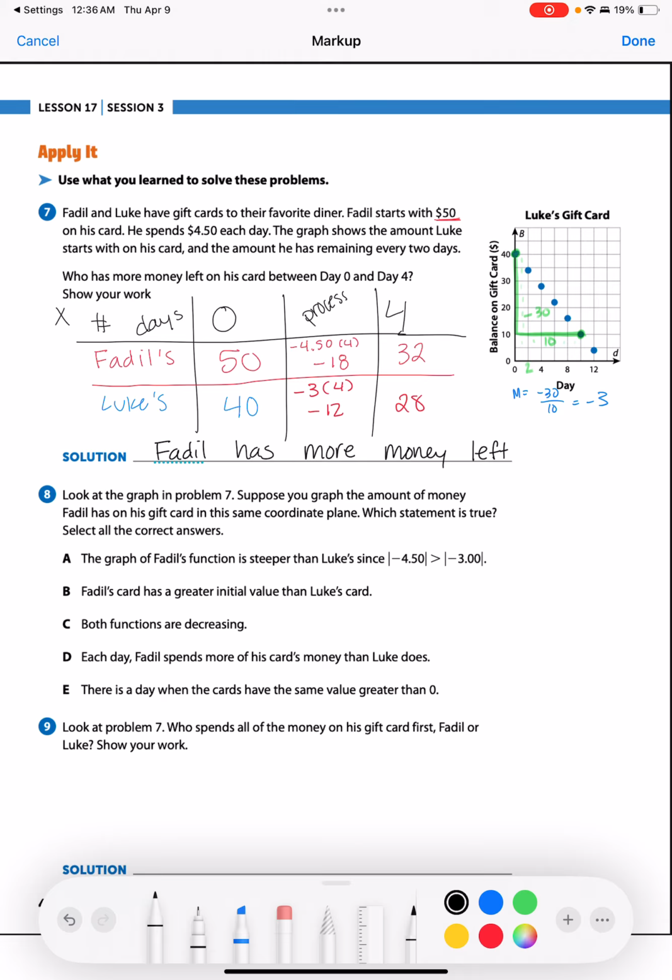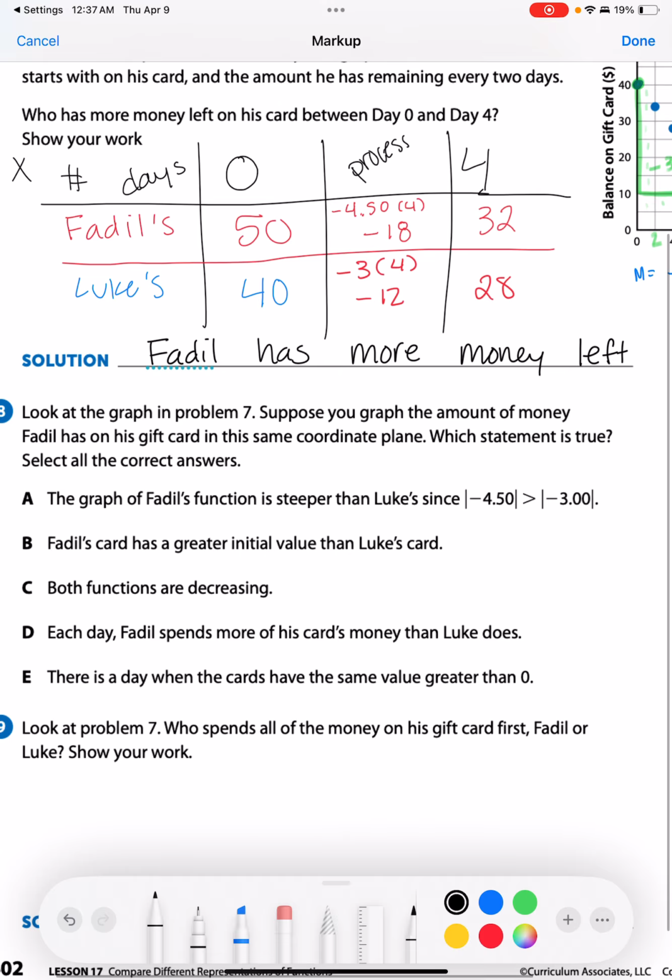Okay, looking at the graph, we're going to answer some questions. Select all the correct answers. Okay, if we were to graph it on the same grid, which ones are true? All right, so it says the graph of Fadil's function is steeper than Luke's because the absolute value of negative $4.50 is greater than the absolute value of negative 3.